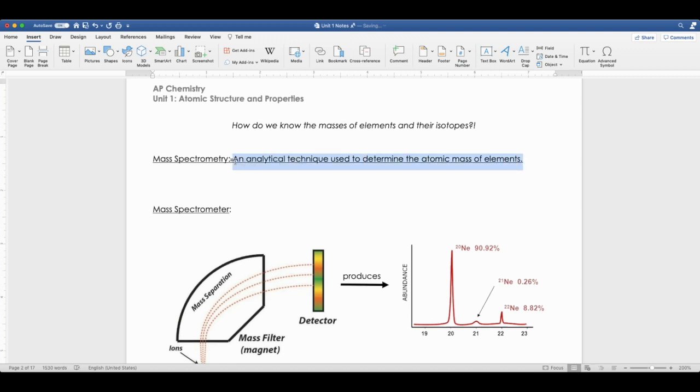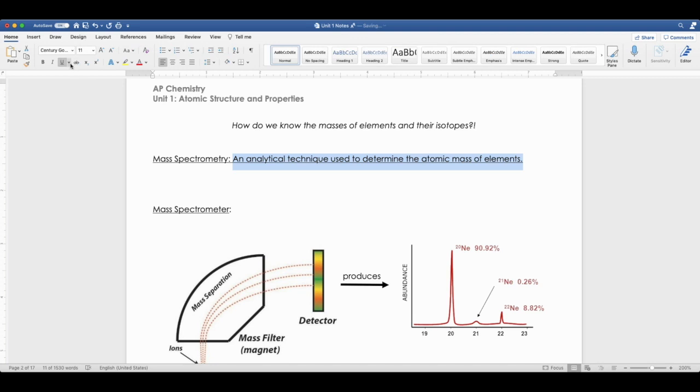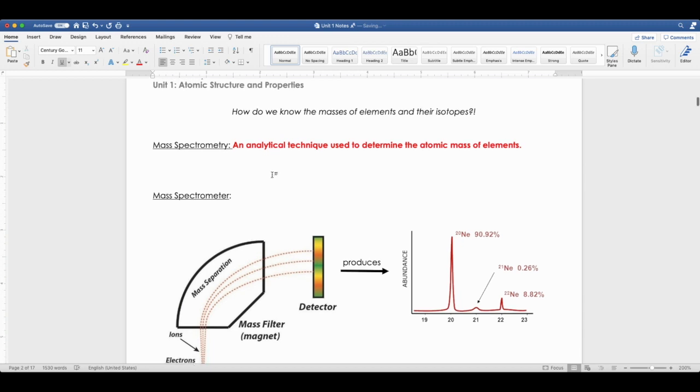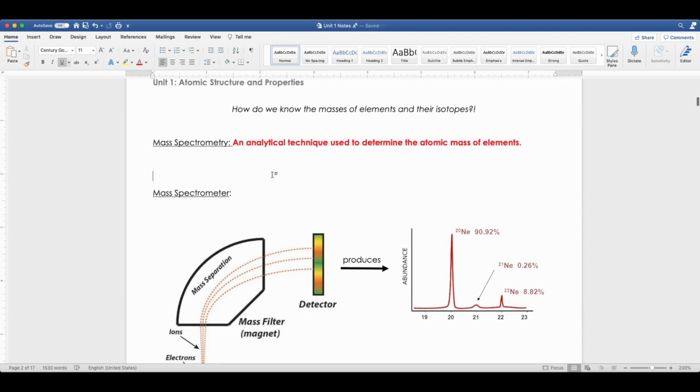If you take any sort of chemistry class in college, you'll definitely use a mass spectrometer. I believe I used a mass spec in organic chemistry. And we can determine the atomic mass of elements using a mass spectrometer.